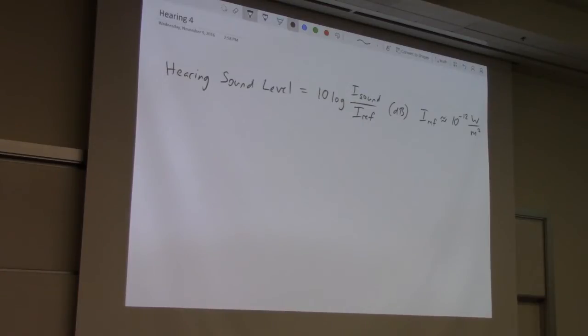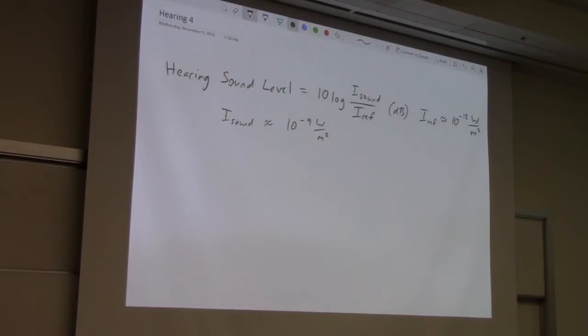Let's say our sound comes in around 10 to the negative 9 watts per meter squared, so down in the nanowatts area. How many times bigger than the reference is that? 1,000? Yeah.